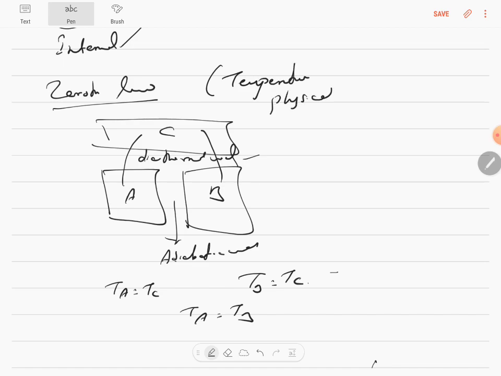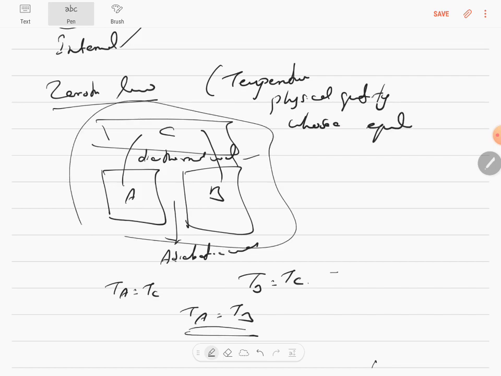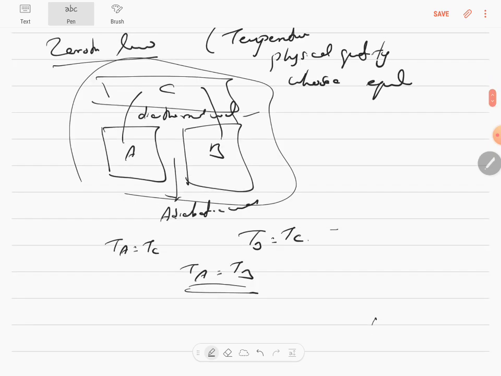TA is equal to TB means the entire system we can call is in thermal equilibrium. So temperature is that physical quantity whose equality is a necessary condition for a system to be in thermal equilibrium is the point to remember for the zeroth law.